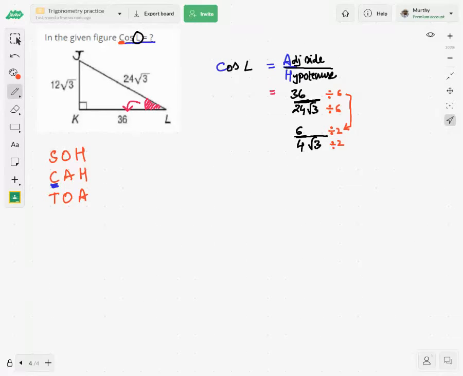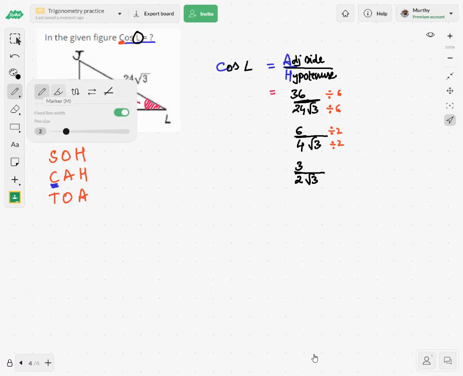Otherwise, you may work with small numbers. So 6 divided by 2 gives 3, and 4 divided by 2 gives 2. And don't forget to include this root 3.